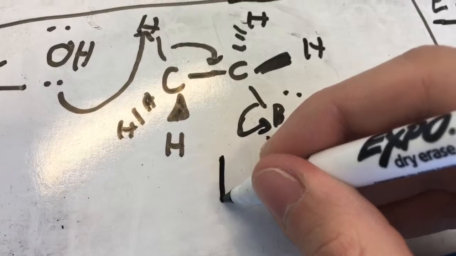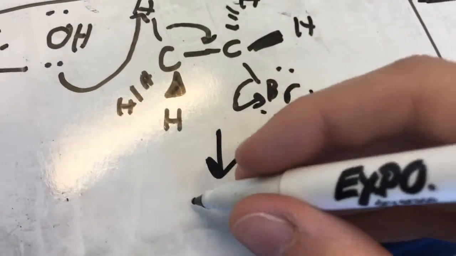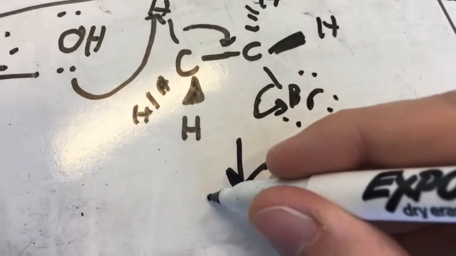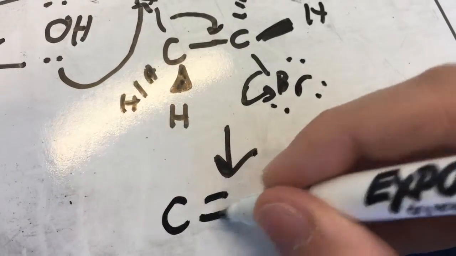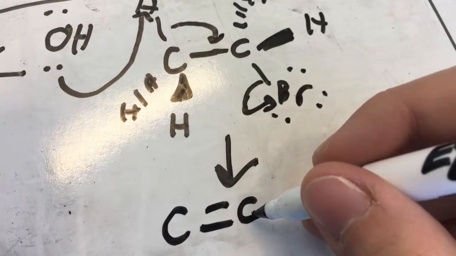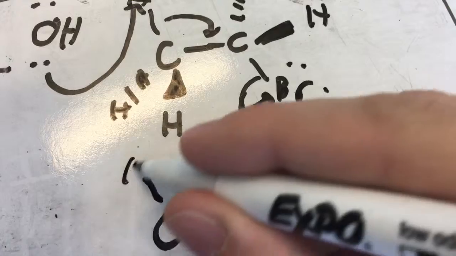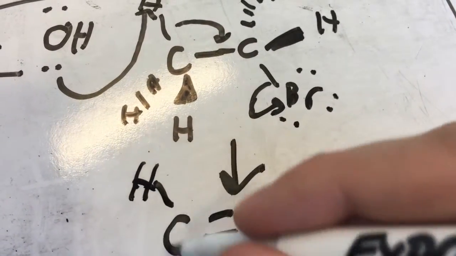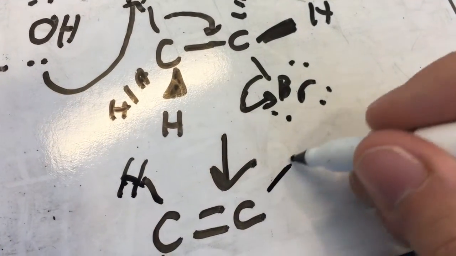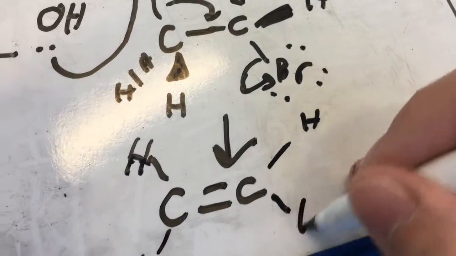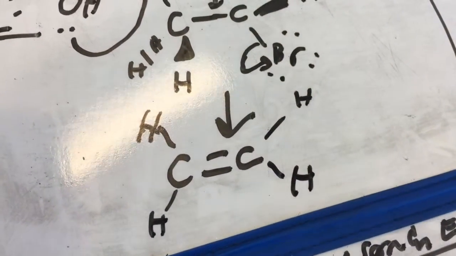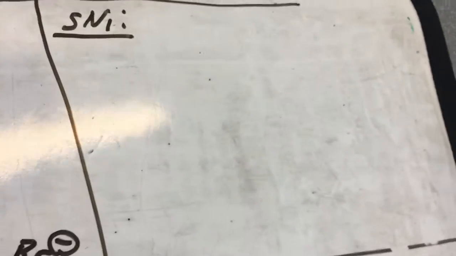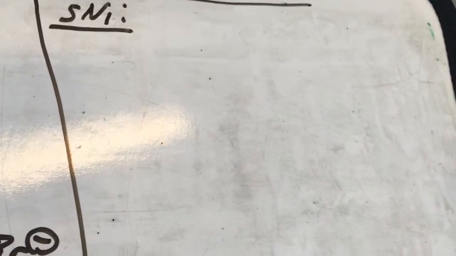Now we do an arrow to indicate what happens next. And what happens next is that we have carbon double bonded to carbon, and then we just have H, H, H, H. Okay, fantastic.